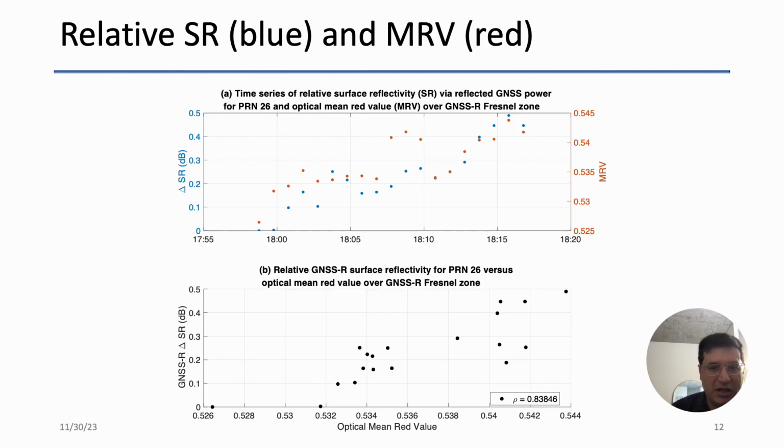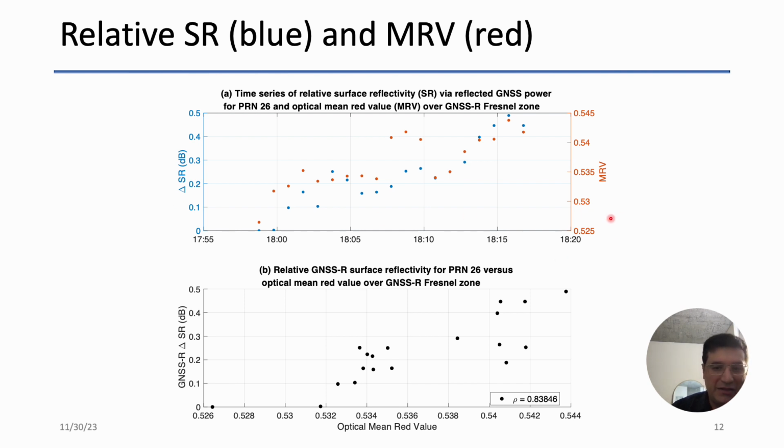The relative SR and mean red value for PRN 26 are displayed over time in the figure at the top. The UT hour and minutes are shown on the horizontal axis. The left vertical axis in blue is the SR in dB relative to the SR at the initial time.